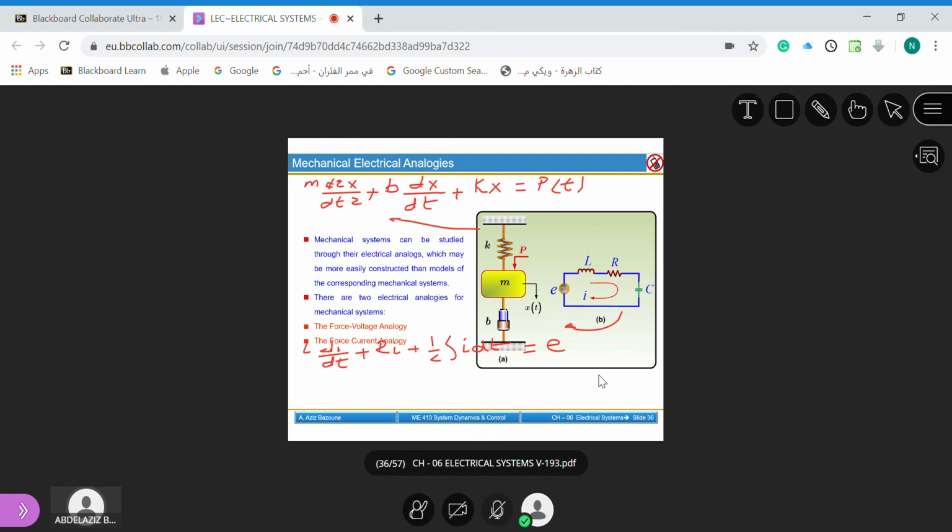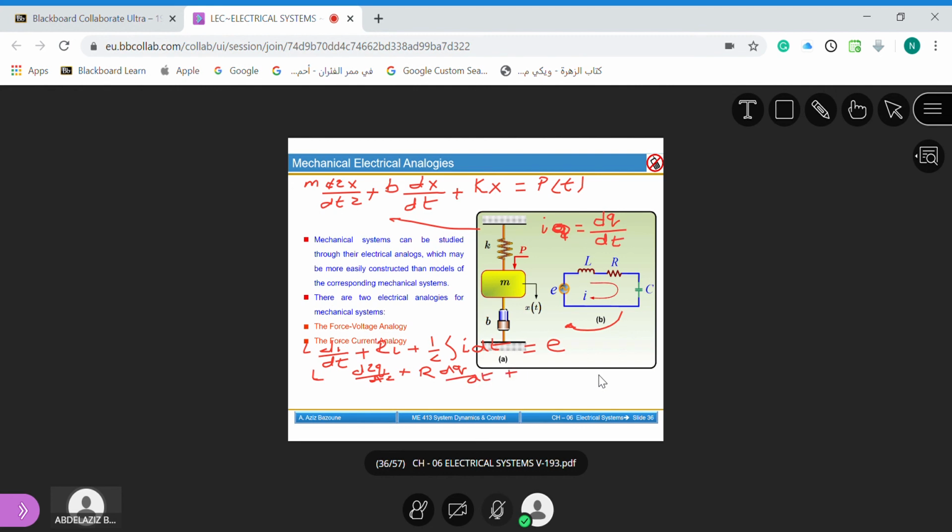We have seen that I is equal to dq over dt. So di over dt will be L d squared q over dt squared, plus R dq over dt, plus 1 over C integral of i dt.